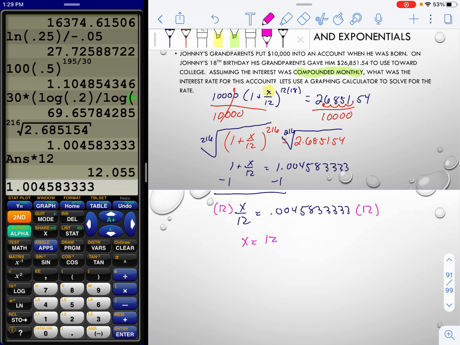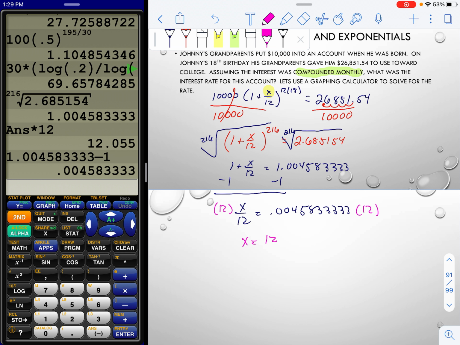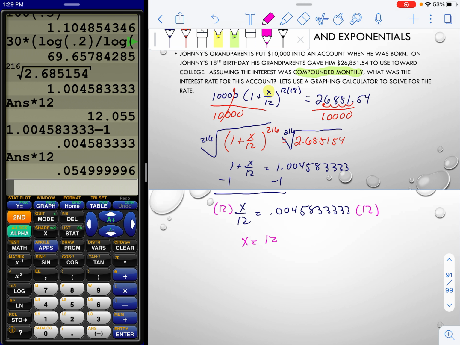Okay, so we take that answer, subtract 1 from it, then multiply by 12. Okay, we get 0.054999999 forever, which we're going to round to 0.055, which means to find the interest rate, move this 1, 2, it's 5.5% interest compounded monthly.